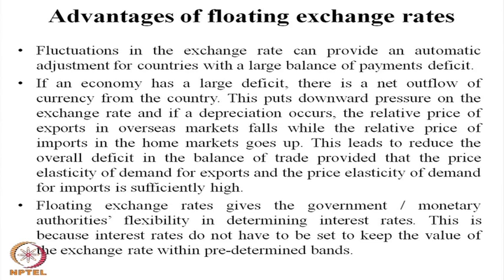The balance of payment may have a deficit or a surplus. When there is a deficit, the domestic currency depreciates. When the domestic currency depreciates, it creates an incentive for export, there will be more export and more flow of foreign currency to the economy, and this automatically corrects the deficit.